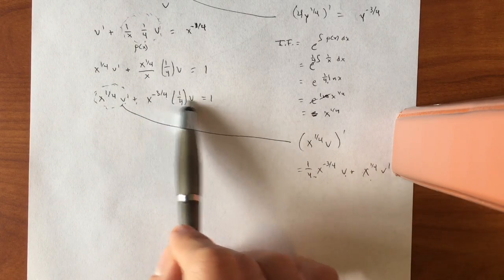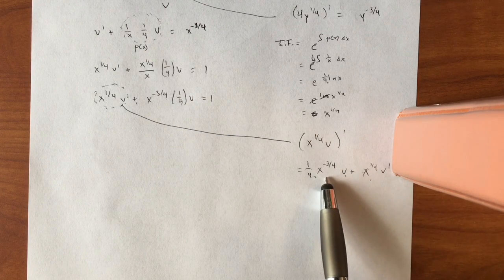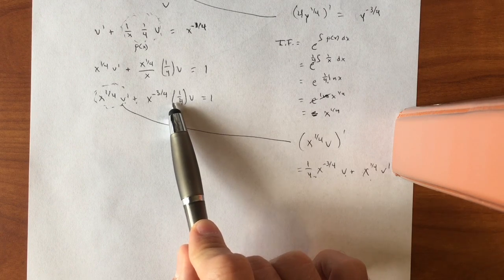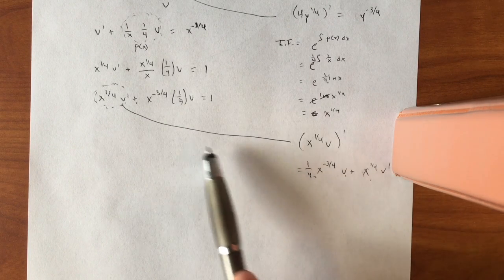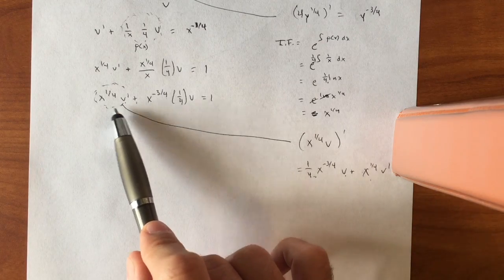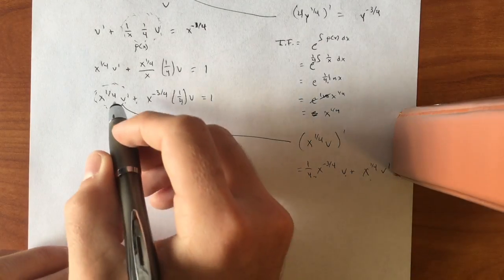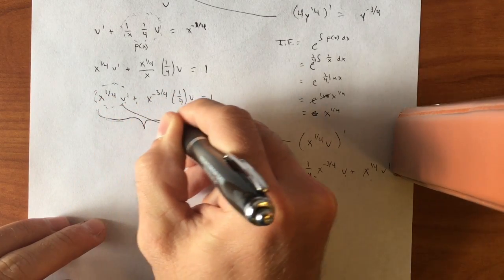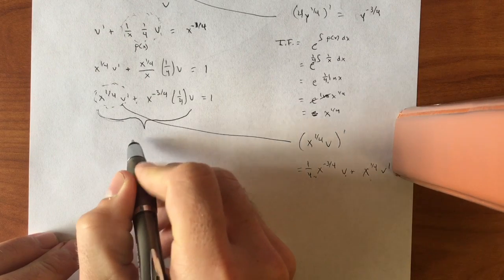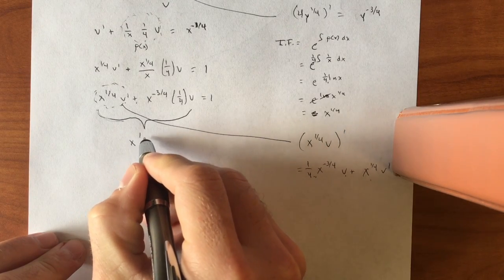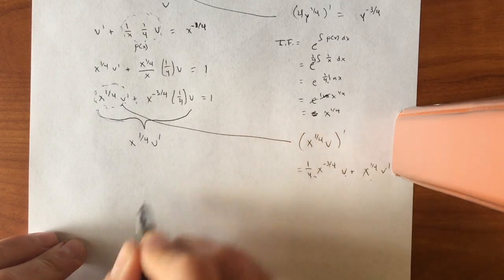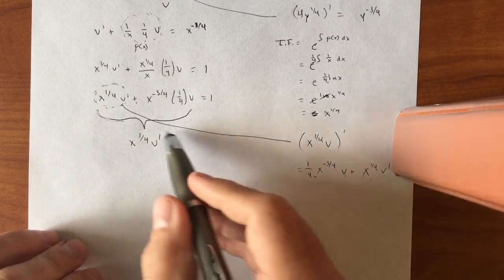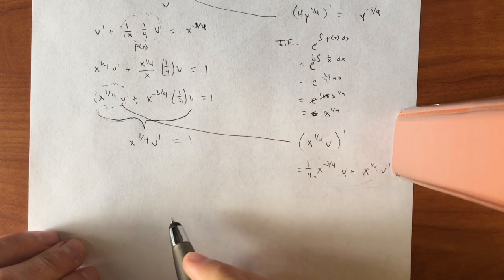If we look, we have our 1/4 x to the negative 3/4 right here, v, right here, plus our x to the 1/4 v prime. So interesting enough, and what we can do with this now is take this whole thing right here to be x to the 1/4 v prime, because x to the 1/4 v prime equals what we have. And then we set that equal to 1, of course.